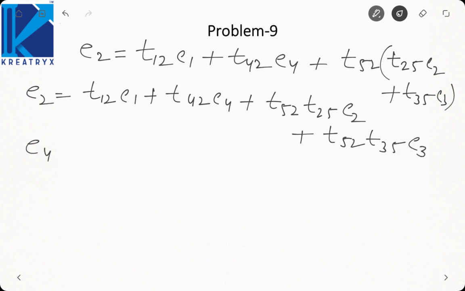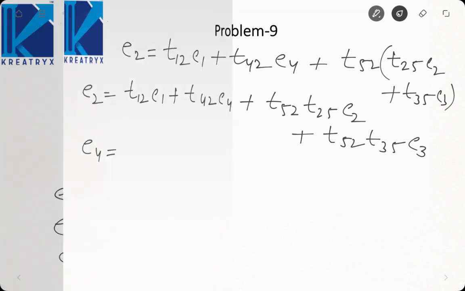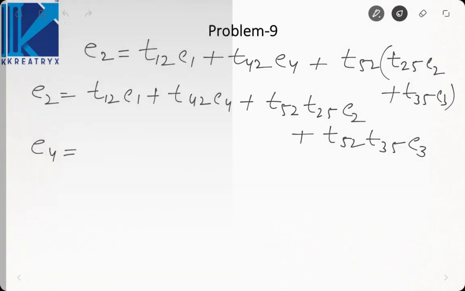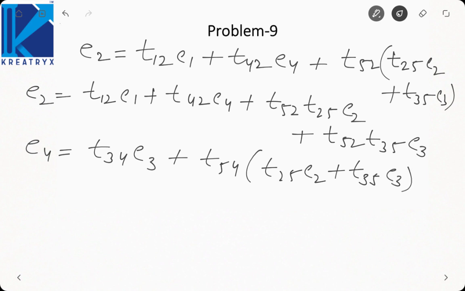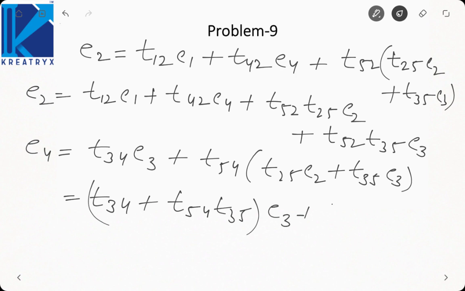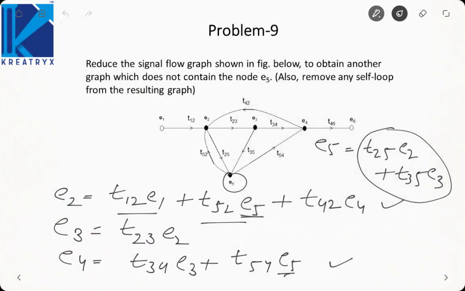Okay, similarly, what would be E4? T34 E3 plus T54 into T25 E2 plus T35 E3. So this would be T34 plus T54 T35 E3 plus T54 T25 E2.